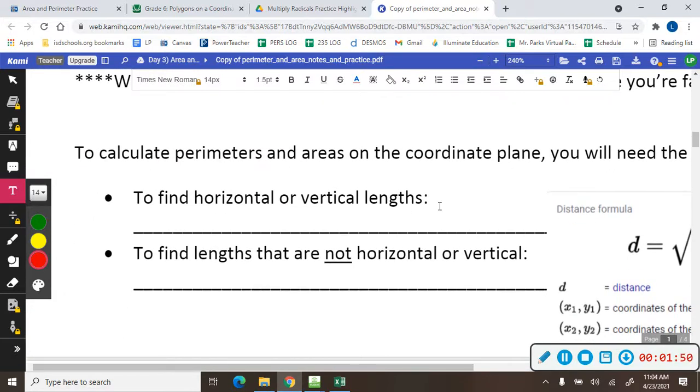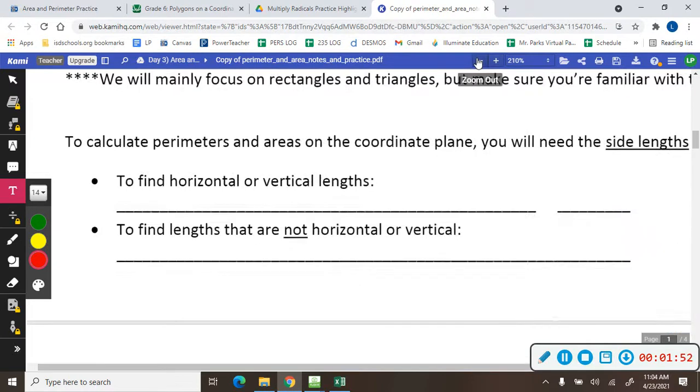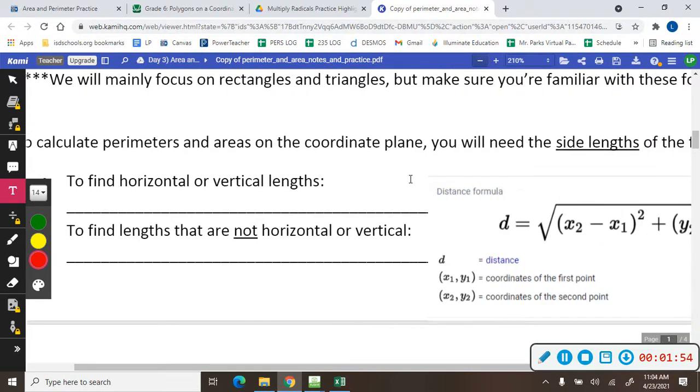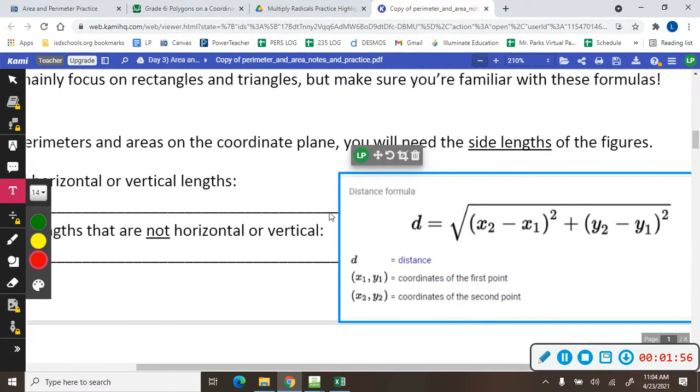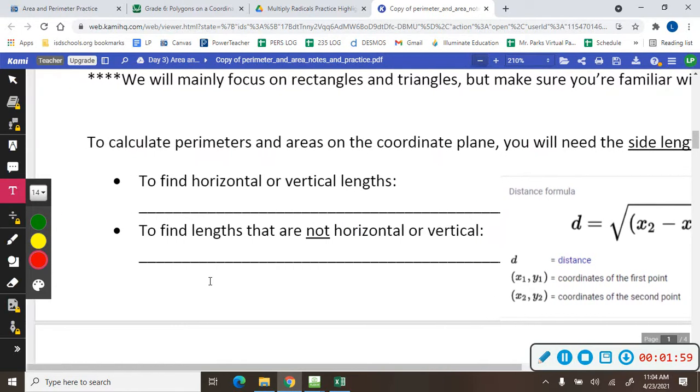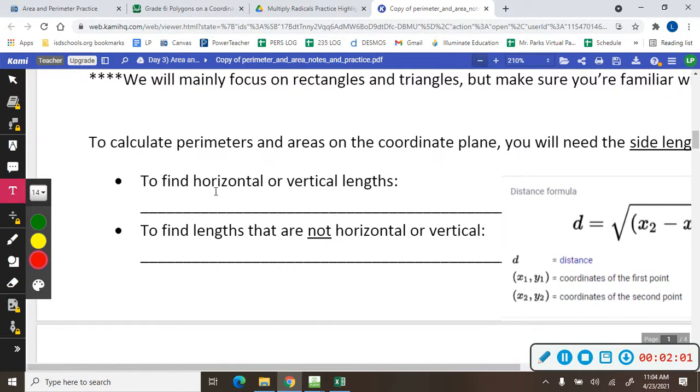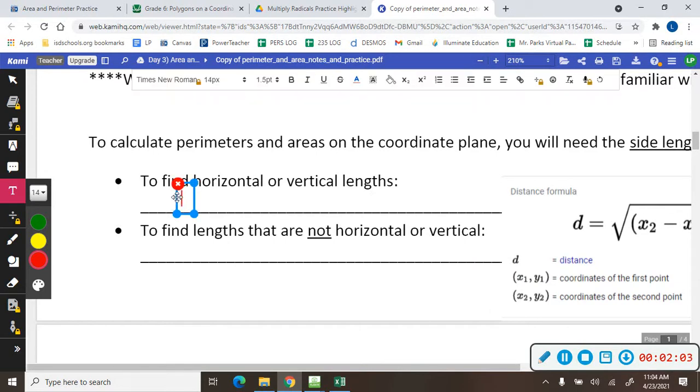And what our objective is today is we're going to be calculating perimeter and area on a coordinate plane, and you need to know the side lengths. Now, if it's straight horizontal or vertical, you just count.